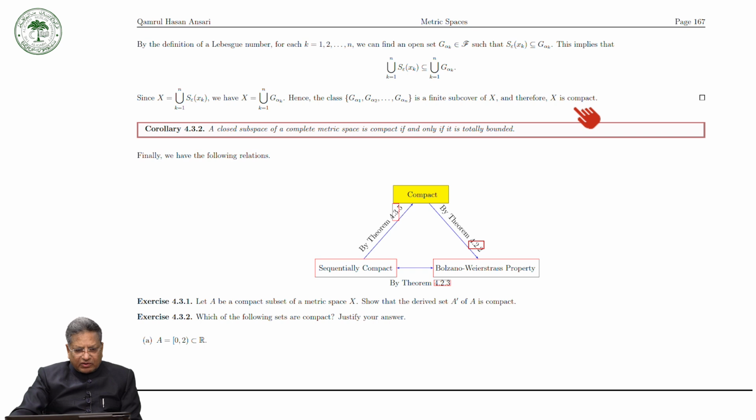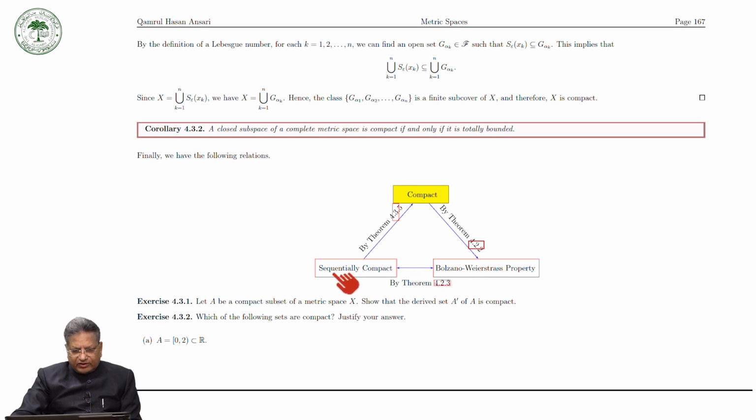Now we have a corollary which says that a closed subspace of a complete metric space is compact if and only if it is totally bounded. Finally we have the following relation. By theorem 4.3.5, sequential compactness implies compactness, and compactness implies the Bolzano-Weierstrass property by theorem 4.2.2, and we proved in theorem 4.2.3 that sequentially compact and Bolzano-Weierstrass properties are equivalent.